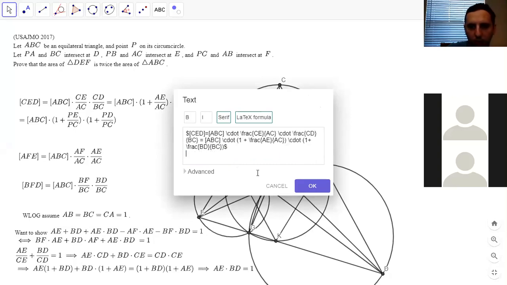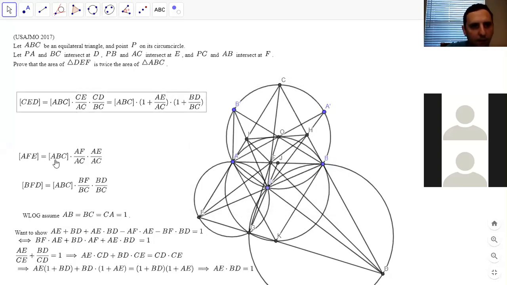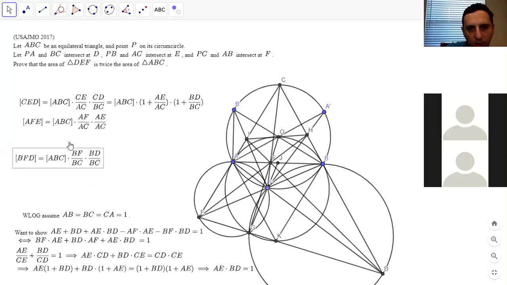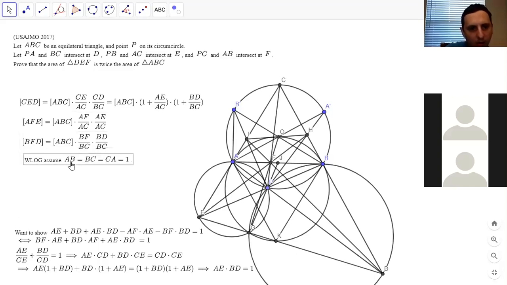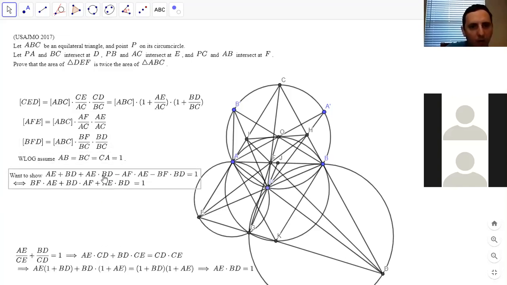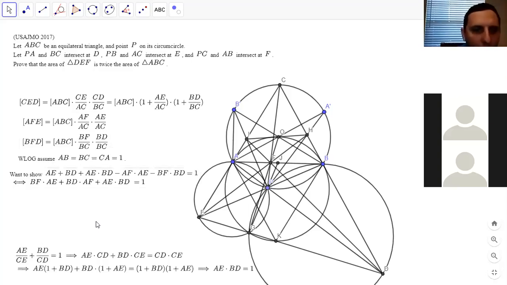Make some more room. But yeah, if I combine all these, and then, let's see. So I want to show that, wait, I want to show that when I subtract the 2, I get 2.